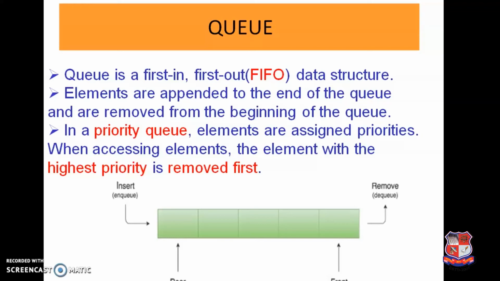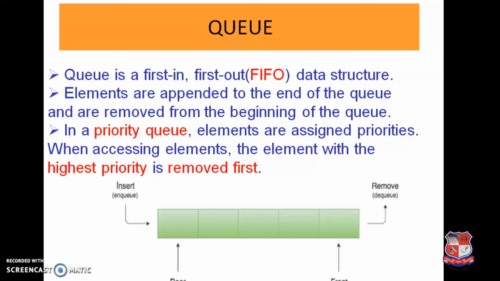Another type of queue is priority queue. In priority queue, elements are assigned priorities, and when we access elements, the element with the highest priority is removed first.